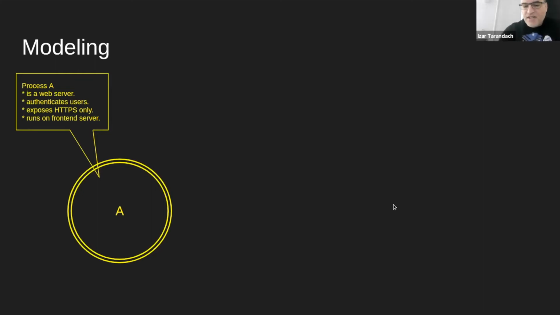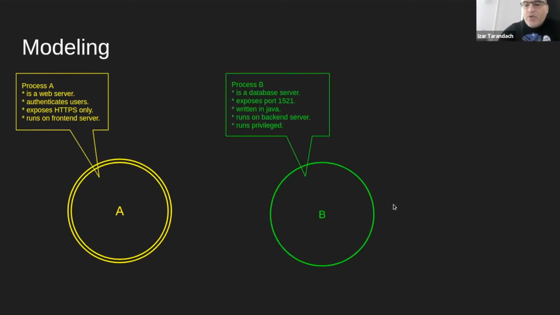But these things don't live in a bubble. They don't work alone. It's very rare, if it exists at all, a system that exists without interfacing with anything, right? So here we have a process B, and this one is a single process, a single circle, and it is a database server. It exposes port 1521.